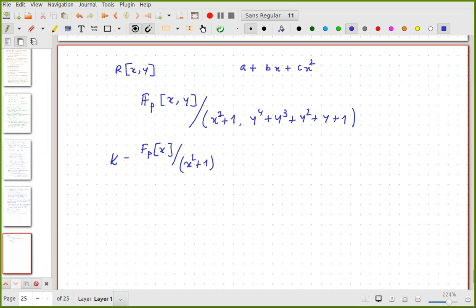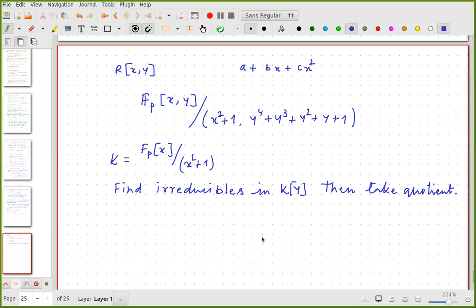So if you call that K, then what you are trying to say is that you can find irreducibles over K, and then take the quotient. That's the kind of thing one can do.